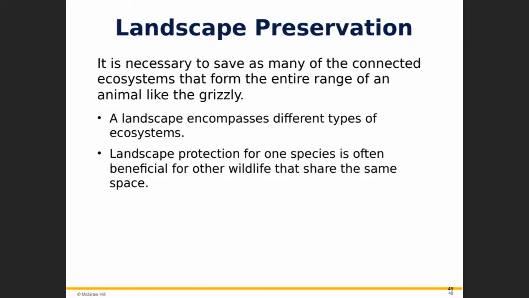It contains millions of acres in Yellowstone National Park in Montana, Idaho, five national forests, various wildlife refuges, and even private lands. So, landscape protection for one species is often beneficial for other wildlife that share the same space.